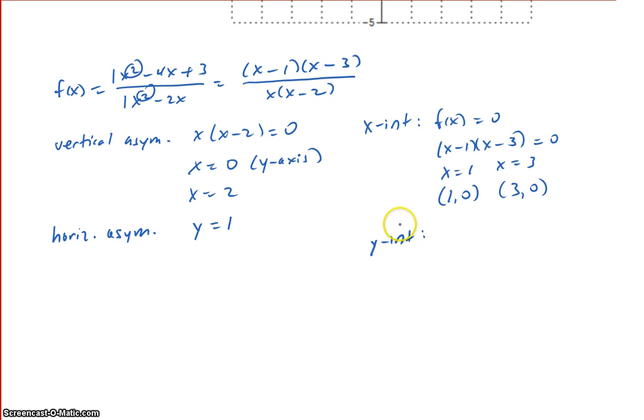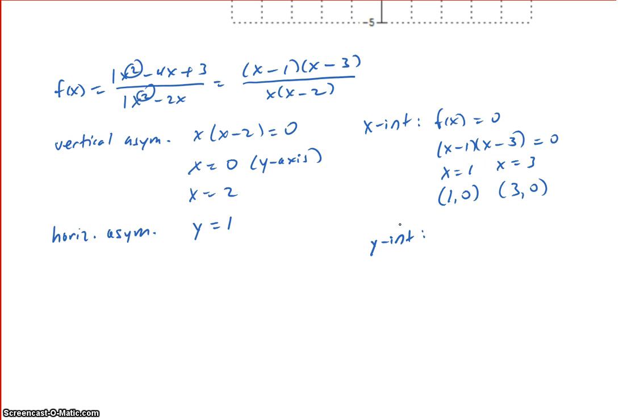Well, the y-intercept is determined by setting x equal to 0. But we've already seen that 0 causes division by 0. 0 is not in the domain of our function. The domain of our function is all values of x not equal to 0 or 2, where the denominator is equal to 0.